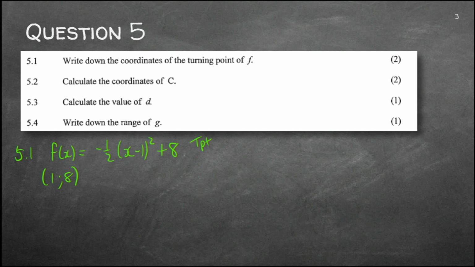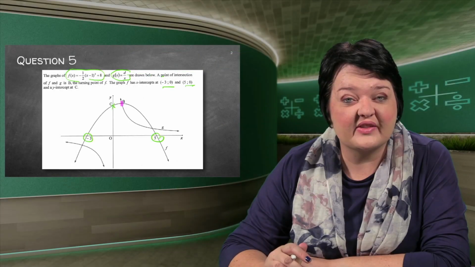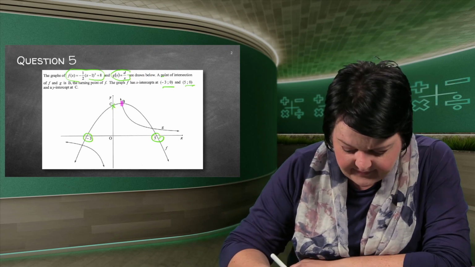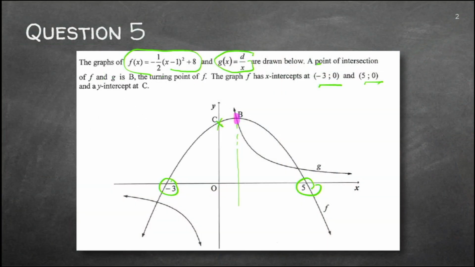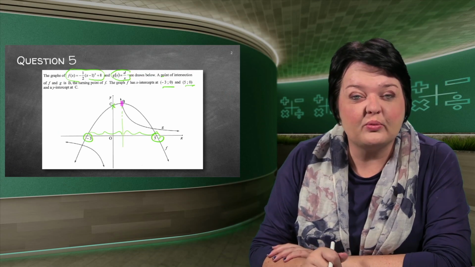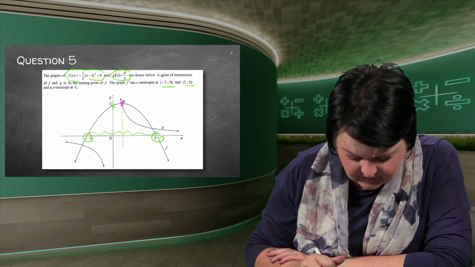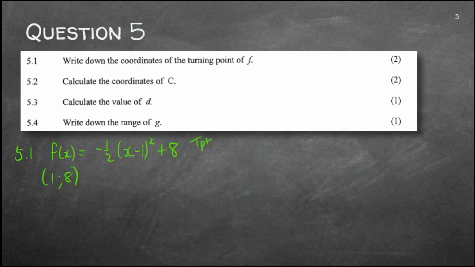And remember, look at the sketch. The x value should be the axis of symmetry for the parabola. So if I look at 1, that makes sense as it's exactly in the middle between the two x-intercepts. So if they didn't give it to us, we should have known it would at least be at x equal to 1.